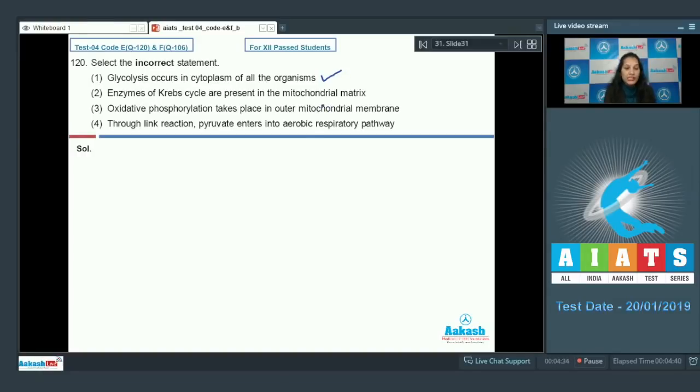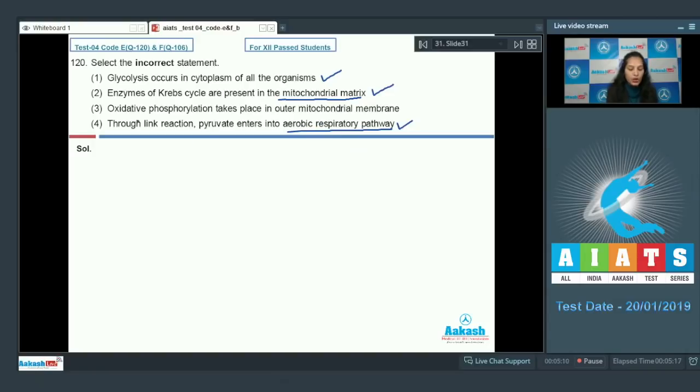Yes, it is true. It's a common step between the aerobic and the anaerobic respiration, and it takes place in all the organisms. So, it is true. Second, enzymes of Krebs cycle are present in the mitochondrial matrix. It is also true that the enzymes of TCA cycle or the Krebs cycle are present in the mitochondrial matrix. Fourth, through link reaction, pyruvate enters into aerobic respiratory pathway. Yes, it is the transition reaction. It is the link reaction through which pyruvate enters into the aerobic pathway.